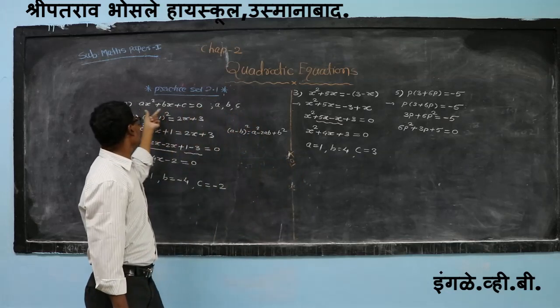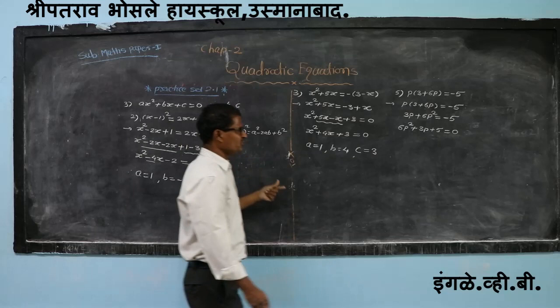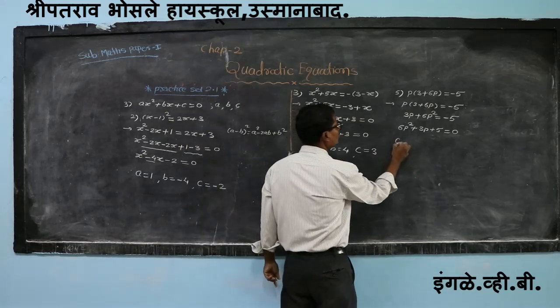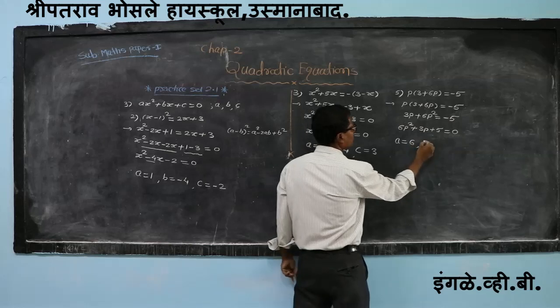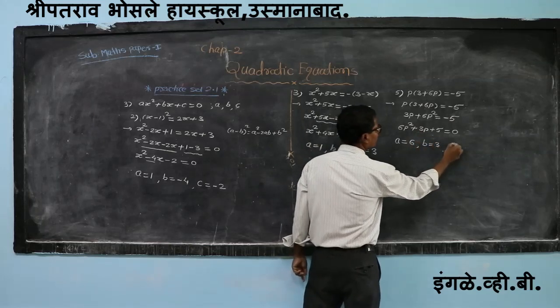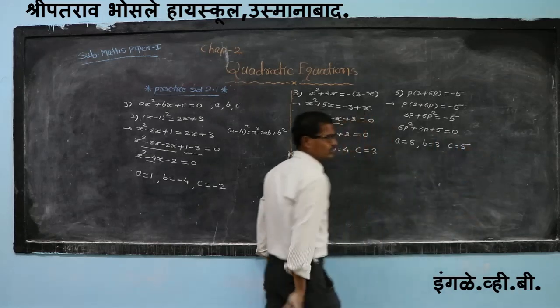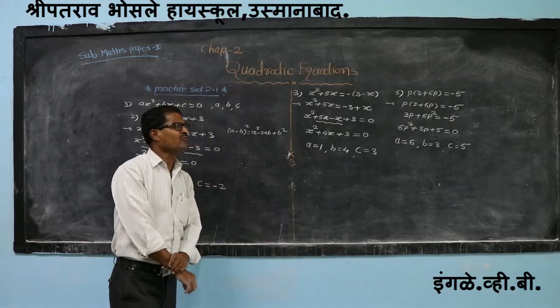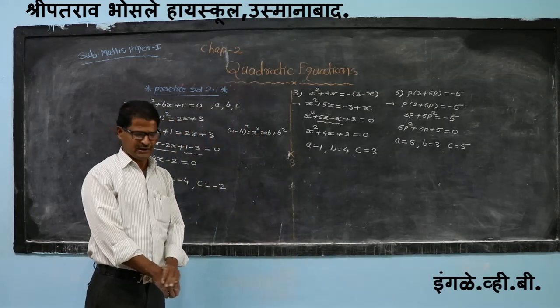Compare with ax square plus bx plus c is equal to 0. We get the value of a is equal to 6, value of b is equal to 3 and value of c is equal to constant term is 5. In this way we can find the values of a, b and c.